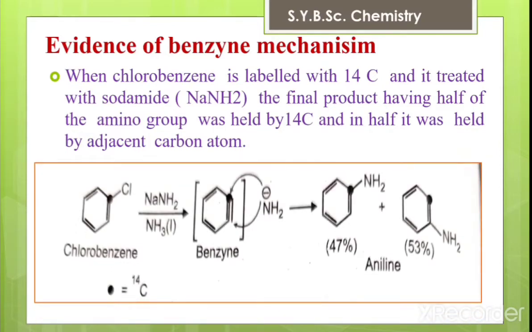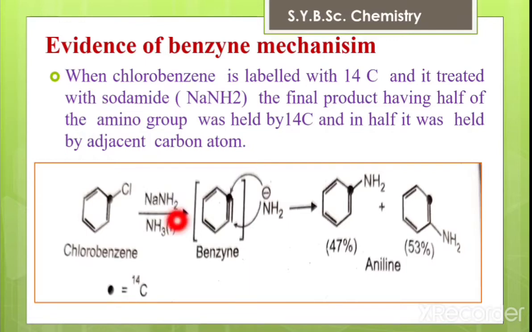In half of the aniline obtained, the amino group was held by carbon-14 and in half it was held by the adjacent carbon atom. This is interpreted by the fact that in benzyne the labeled carbon and the adjacent carbon atom become equivalent, and NH2 minus adds randomly to both the carbons.